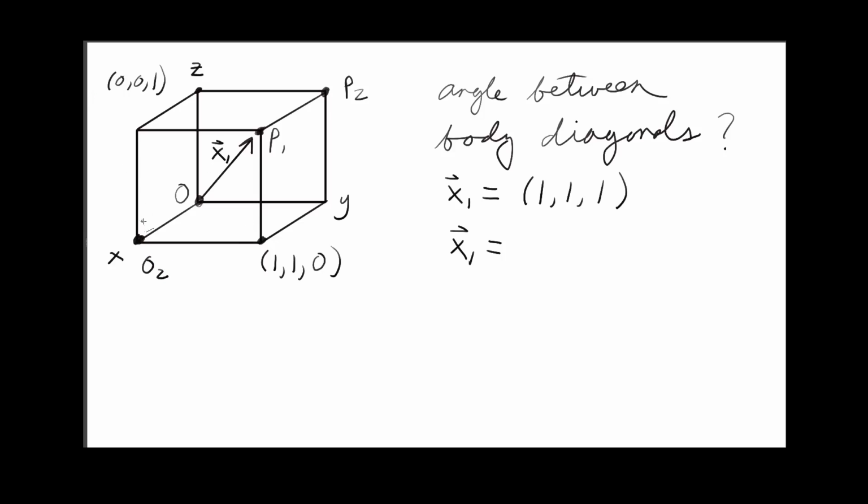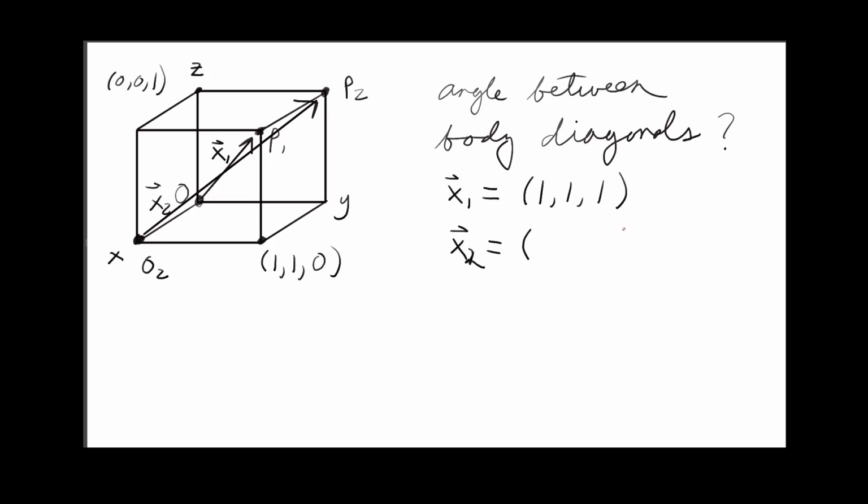And to illustrate what that body diagonal would look like, we could draw that vector and give it a little arrow at the tip. We'll call that x2, and the question is, what is the angle between x1 and x2?